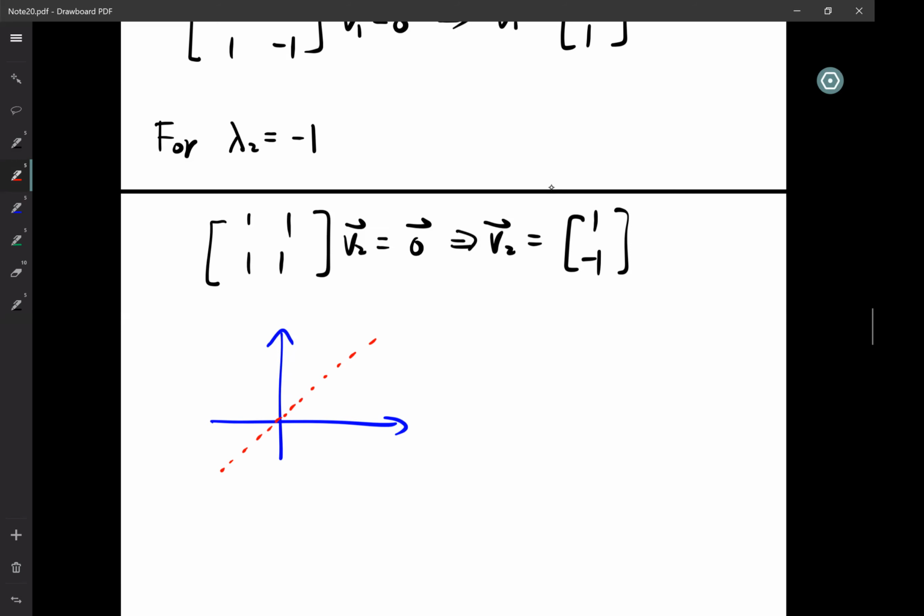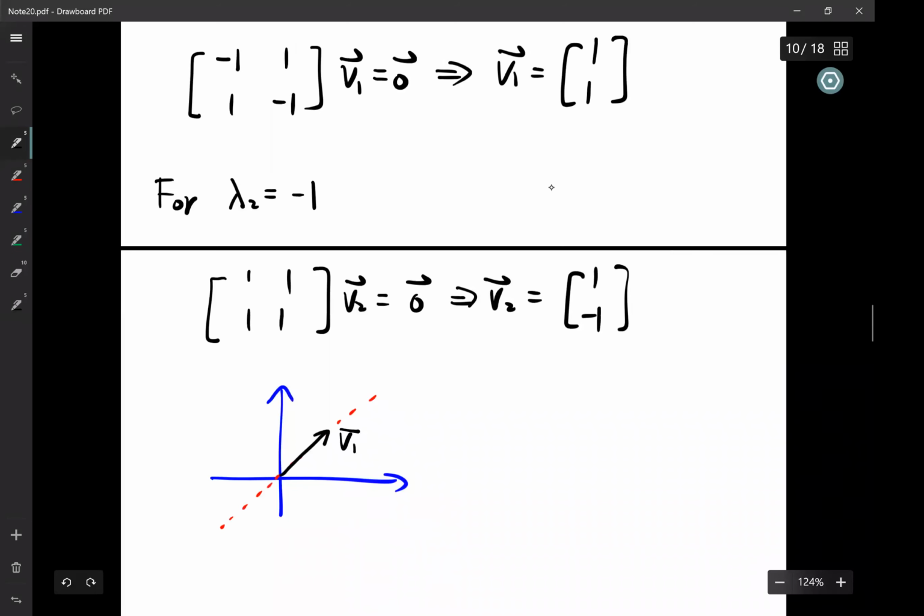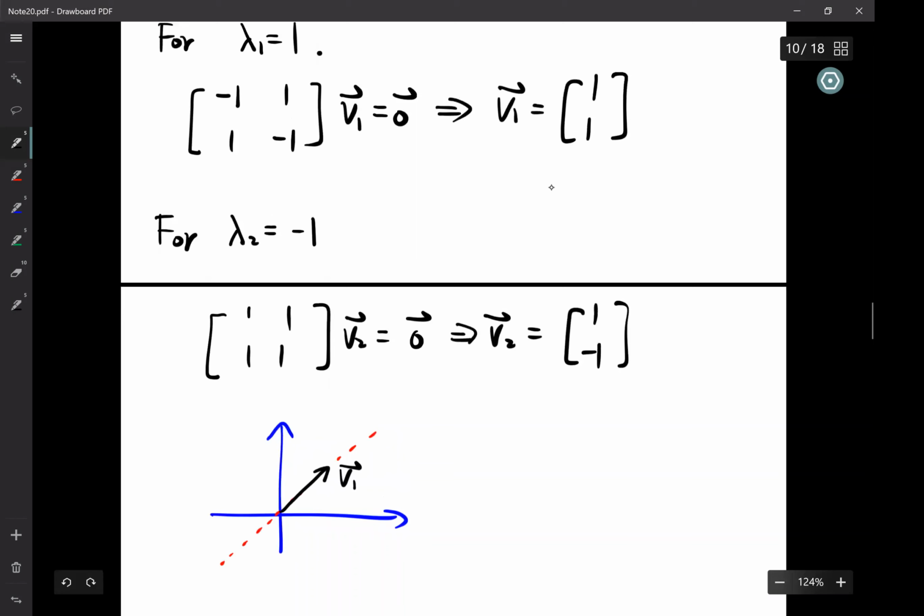And if there's a reflection geometrically, then this line x equal to y will be an eigenvector because it just stays there, it doesn't move. This is exactly V1. So it's a reflection and this V1 doesn't move, and it corresponds to lambda 1 equal to 1.